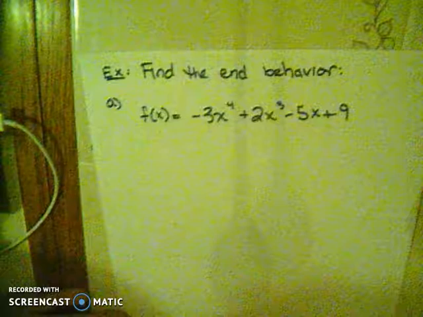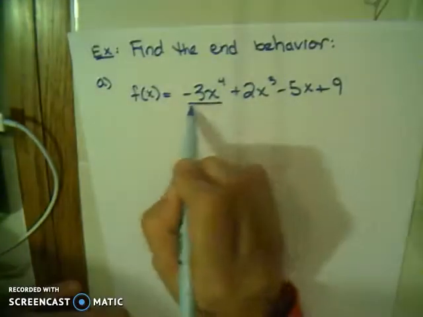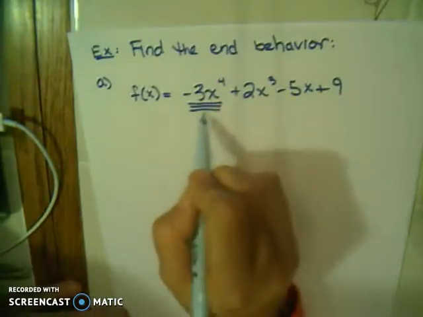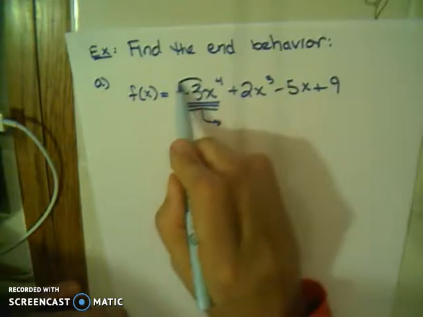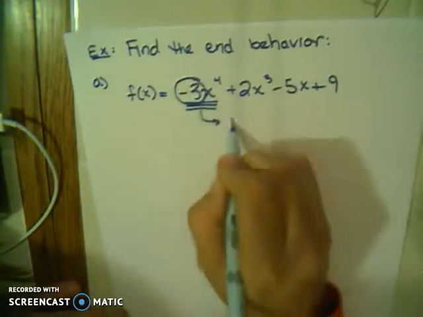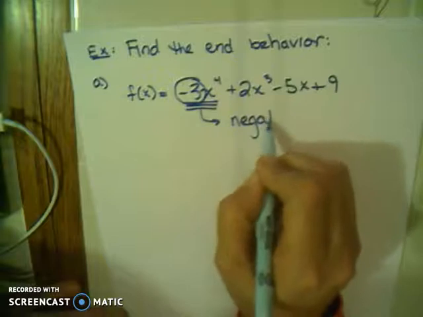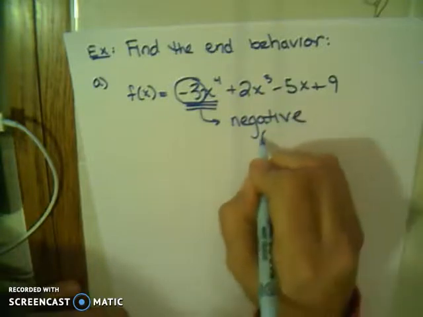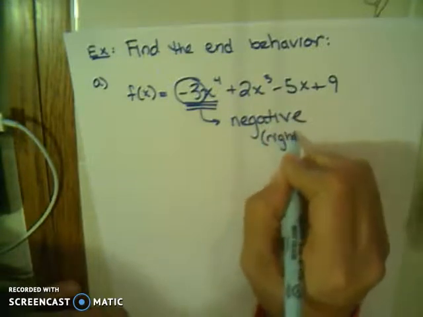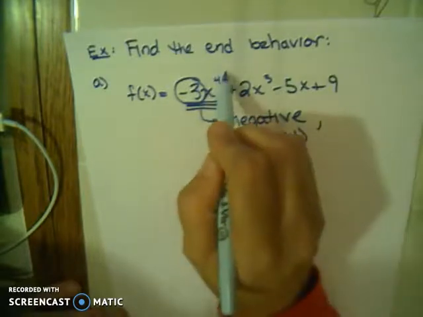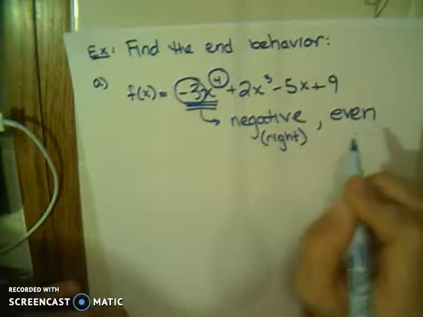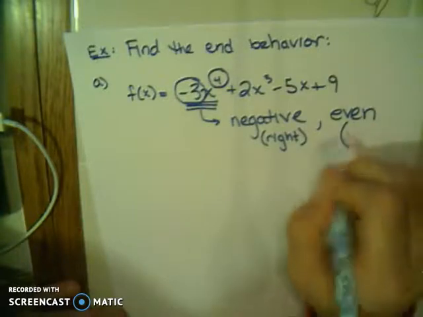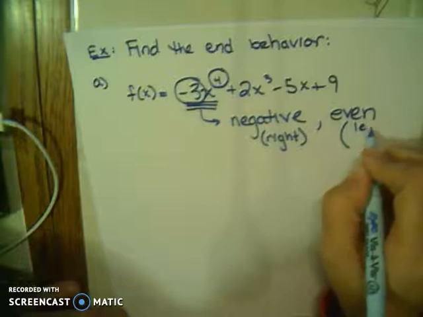To find the end behavior, the only thing we need is the leading term, which is negative 3x to the fourth. And we need to know two specific things. From the coefficient, is it positive or negative? And this one is negative. Remember, that tells us what the right-hand side is doing. And the degree, is it even or odd? And ours is even. Even means the left-hand side is going to do the same.